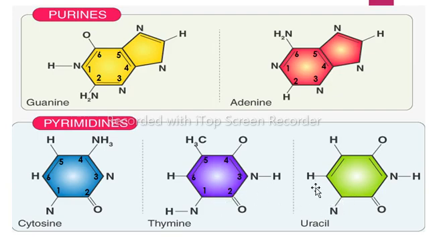The uracil has no methyl group while thymine has a methyl group at position 5 or carbon number 5. Uracil also has a single ring structure and is present instead of thymine in RNA. In biochemistry, we call it 2,4-dioxypyrimidine because in carbon number 2 and carbon number 4 oxygen is present.